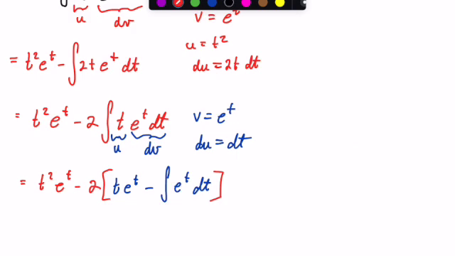At this point, you could clean this thing up if you wanted. You don't have to, since there is the nice common factor of e to the t in there. Well, we could factor that out, but it doesn't really save us any time.